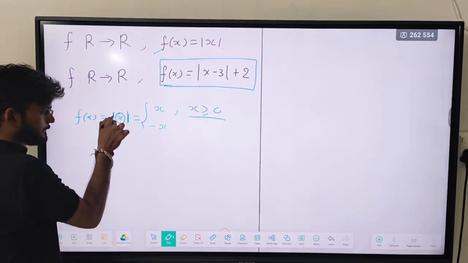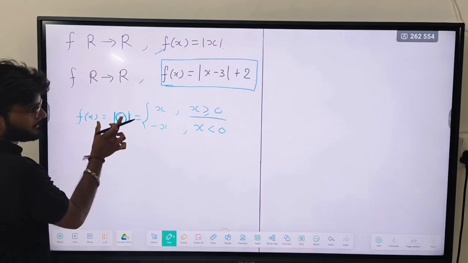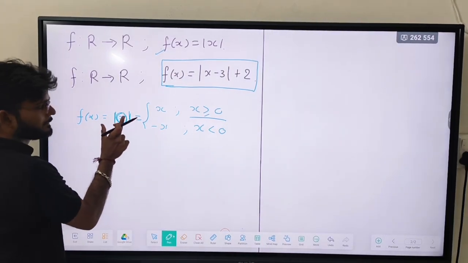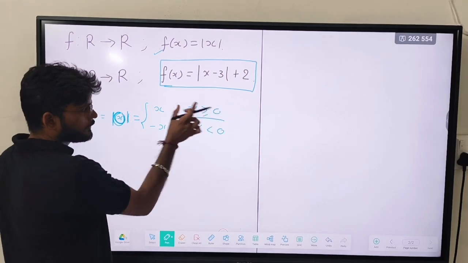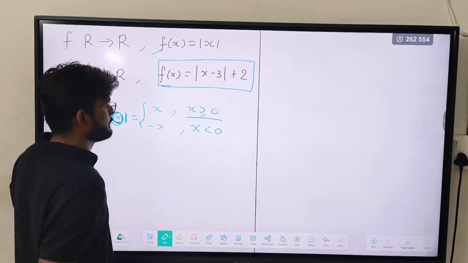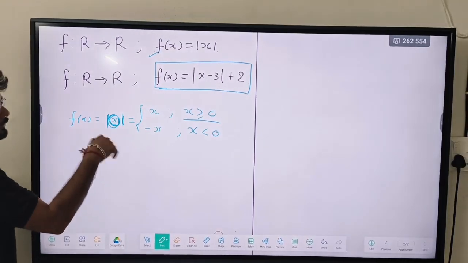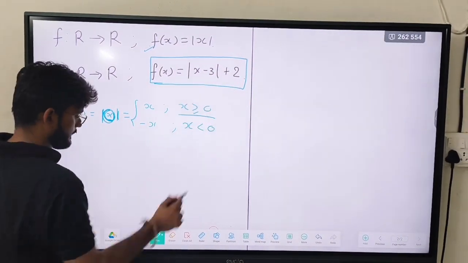When this inner value is less than 0. So mod x has two possible answers. Mod x can be equal to x if this inner value is greater than or equal to 0, and mod x is equal to minus x if this inner value is less than 0, right? So using this rule of mod x, we will try to draw the graph of this function.